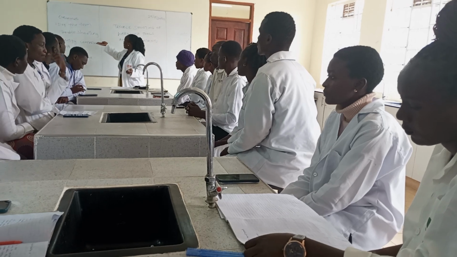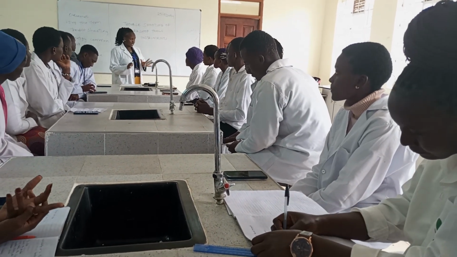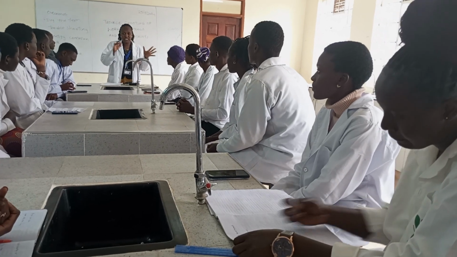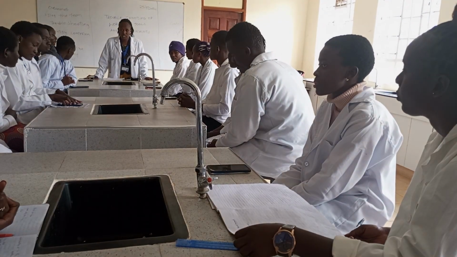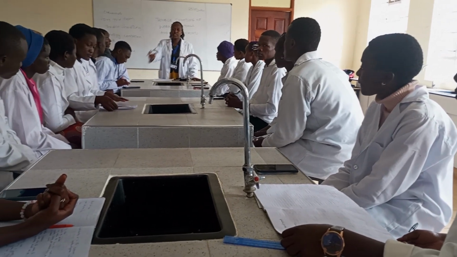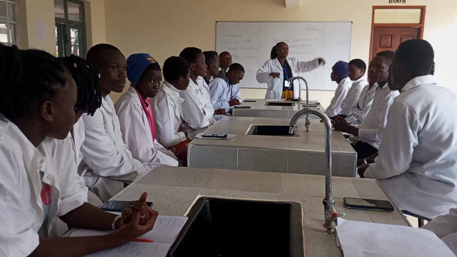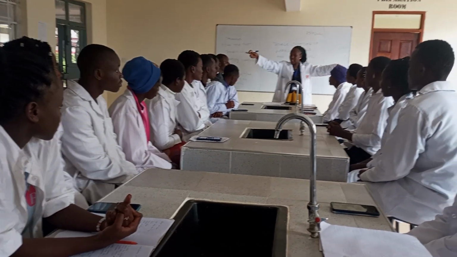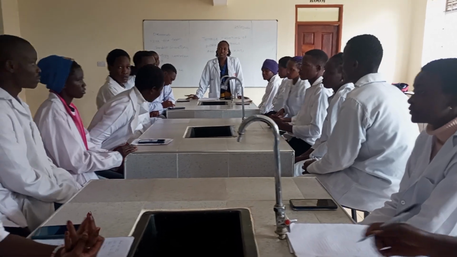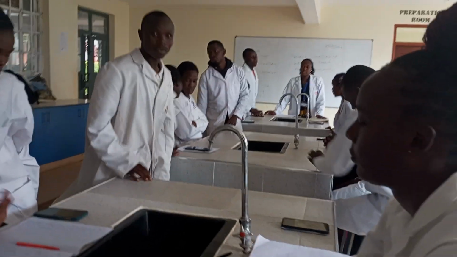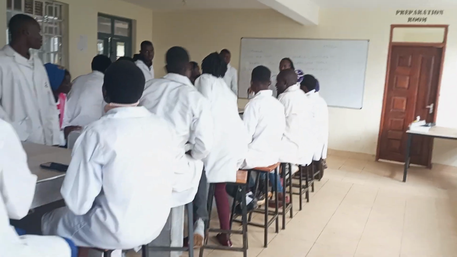Now, since we have defined troubleshooting, today our session is practical. The way you have seated, you are going to group yourselves into 5 groups. So group 1 will take that station, group 2 the next, group 3 there, group 4 there, then group 5 here. Let's move. Divide yourselves. Group 5 leader, come here.